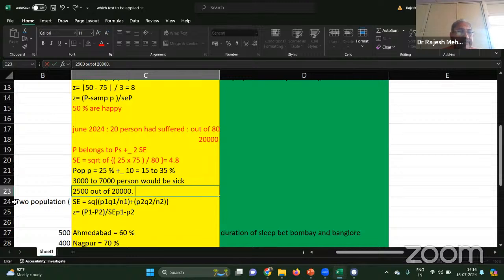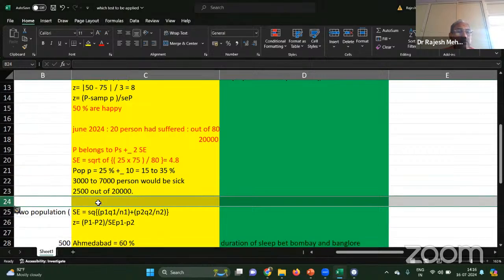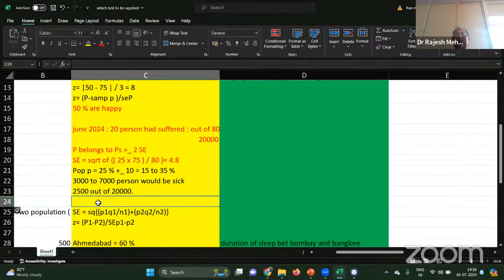So in this case, you are the chief medical officer of the town, and your opinion is taken whether the people who are becoming sick in the flat have a significantly different chance of becoming sick, or they are at the same level of sickness as the rest of the town. So what is your answer? Is 2,500 almost same or different? Write down the answer.